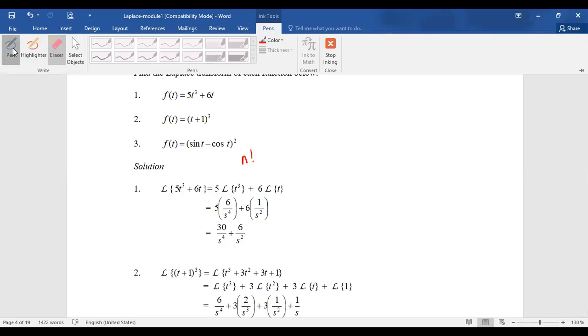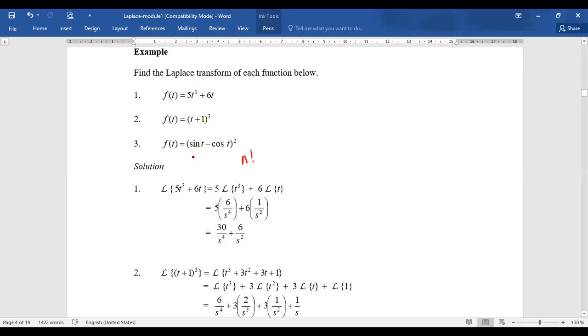Kalau F(t) is t cube, so n factorial over s^(n+1) kan. So kalau Laplace t cube, jadi n dia adalah 3 lah. So 3 factorial is 6 over s^(3+1) is 4.